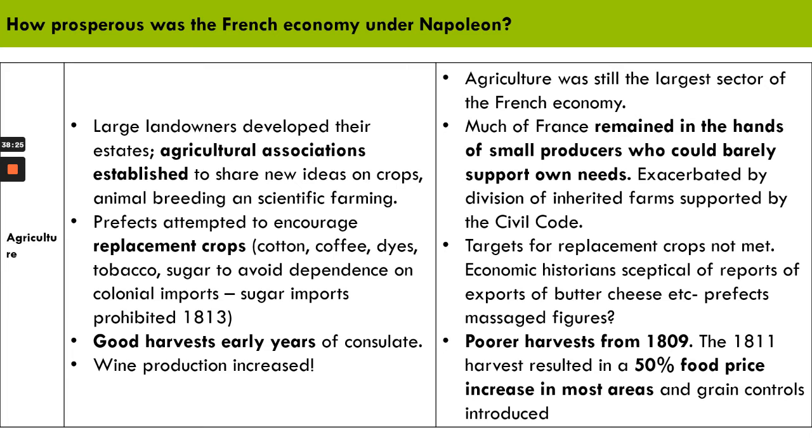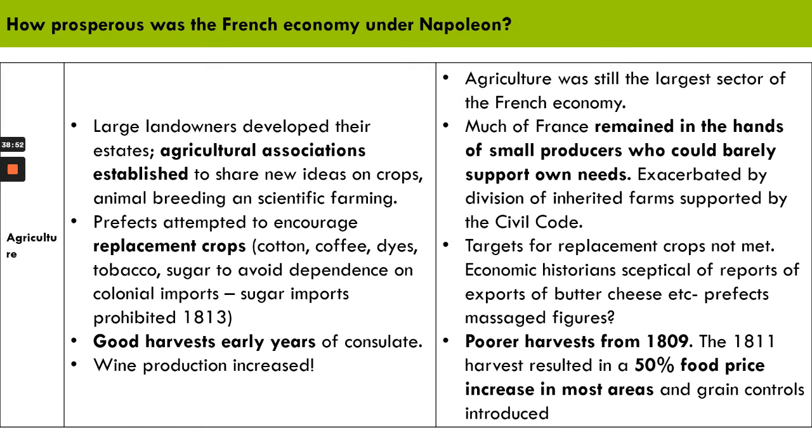It was still in the hands of small producers, and this was exacerbated, like I said earlier, by the fact that the civil code protected partage. So when a landowner died, the land would be distributed between the children fairly. So there weren't these large-scale mechanised farms with high yield in France that there were in Britain by this point.